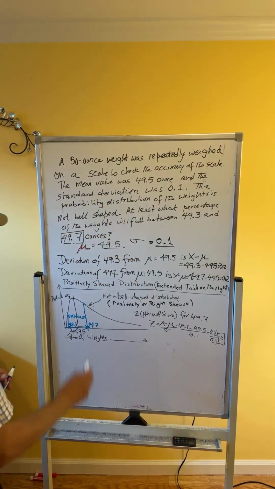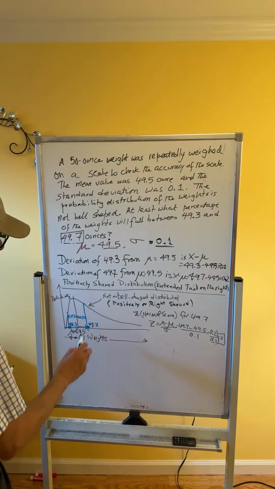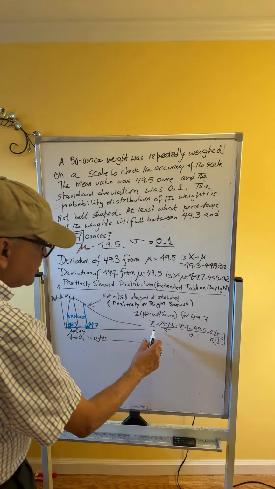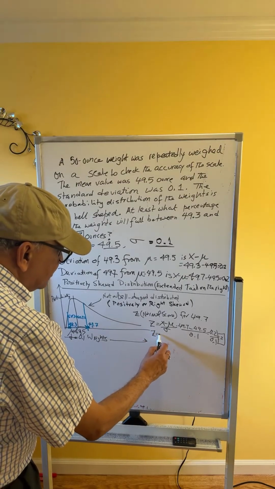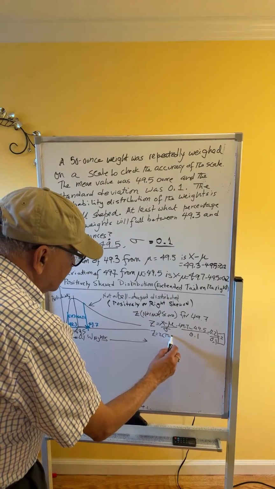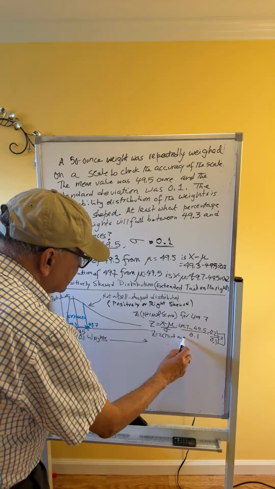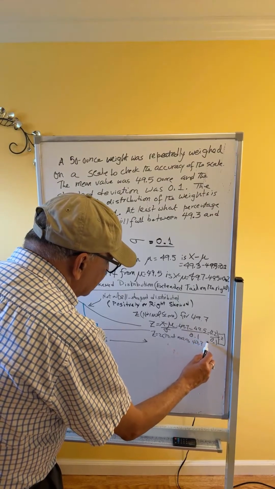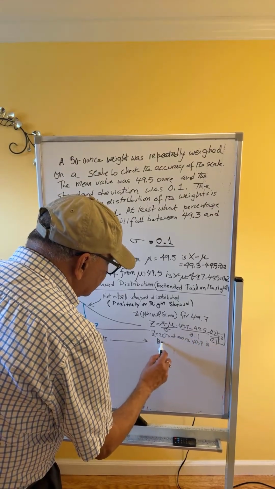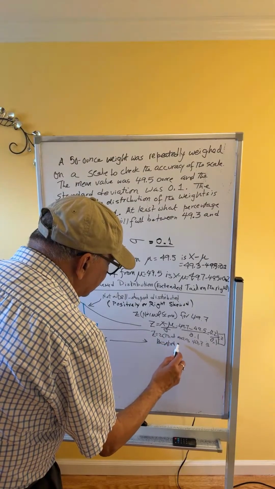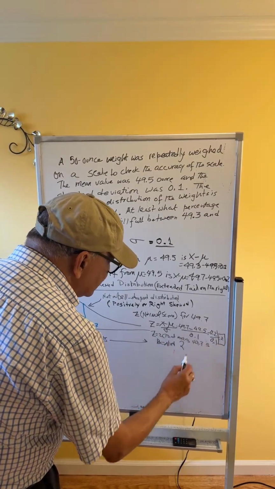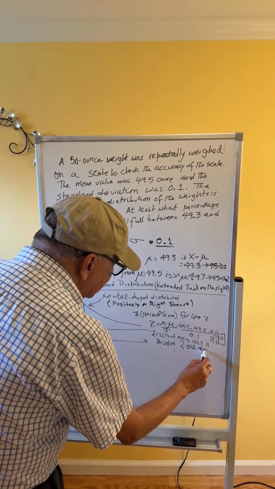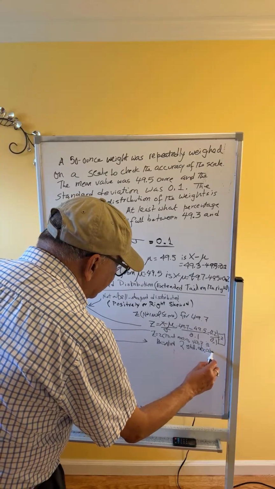So this particular point, 49.7, has a standard normal score Z of 2. That means 49.7 is located 2 standard deviations above the mean. The number 2 is coming from the Z score.